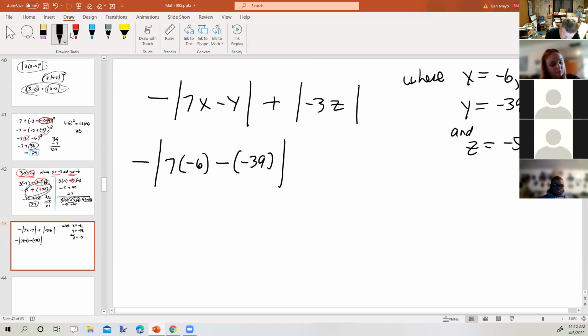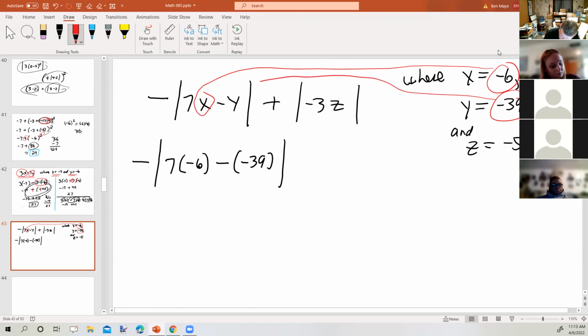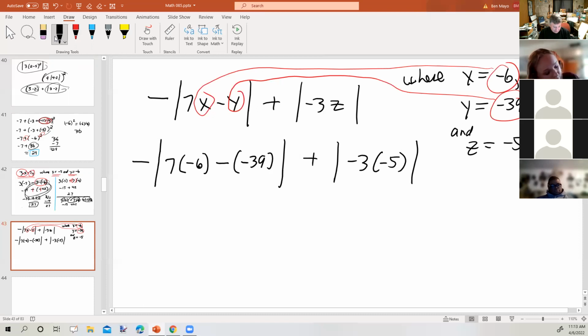Close it up because that went right there and that went right there, plus the absolute value of negative 3 times negative 5. So first move, make all the substitutions, replace the variables with their arithmetic equivalency.